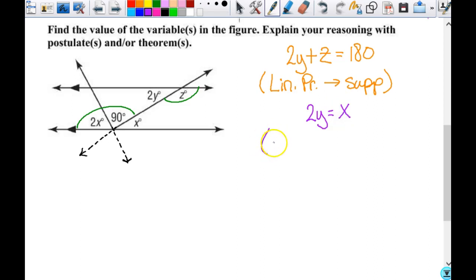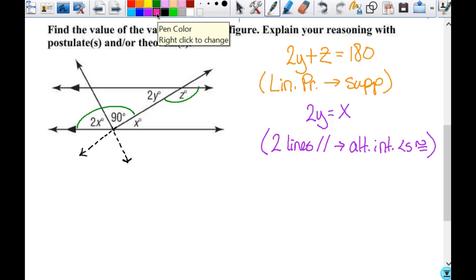And then my reason is if 2 lines are parallel, then the alternate interior angles are congruent. Does that make sense to you? Now how many variables do I have? 3. I actually just made my life worse, right? Okay, so if I have 3 variables, what do you think I need? A third equation. You have to have as many equations as you do variables.